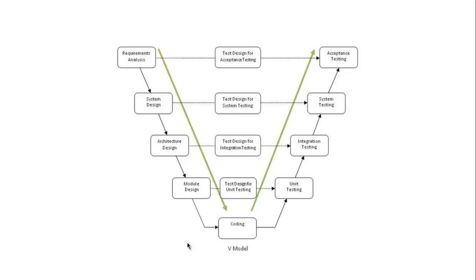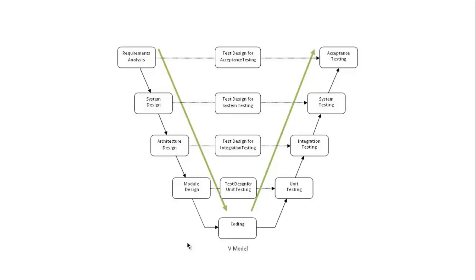Let's take a look at the verify phase. It says requirement analysis. On the right hand side you have your acceptance test for your requirements. This goes in parallel with your planning, design, and implementation phases.